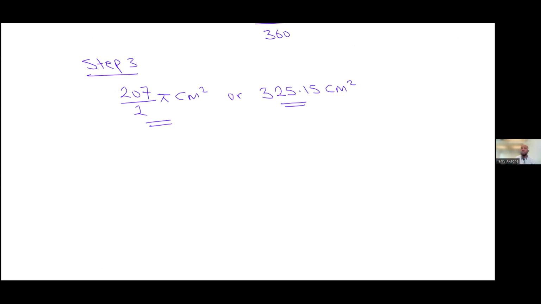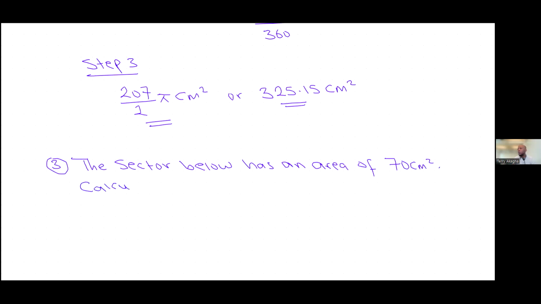Let's assume we have this where the sector below has an area of 70 centimeters squared, and we're now told to calculate the angle theta given the radius is 10 centimeters.